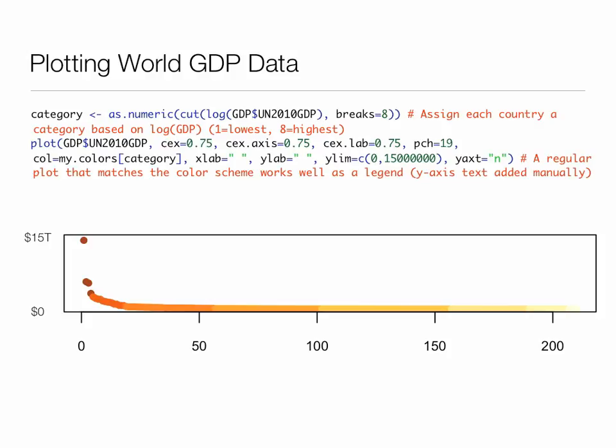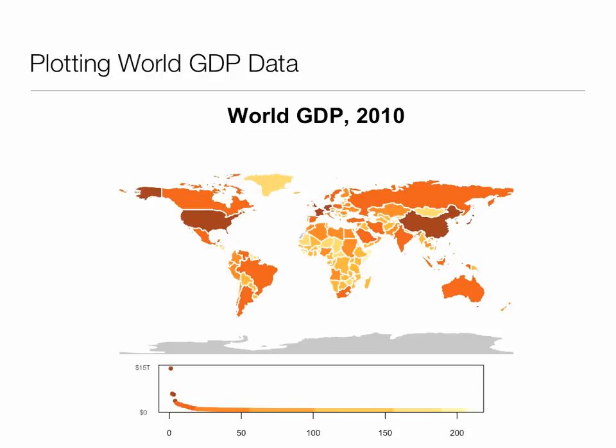I actually just used Photoshop, I think, to add the text on the Y-axis and made it horizontal rather than vertical. So this serves as a handy legend that you can put in at the bottom, because it does a couple of things.